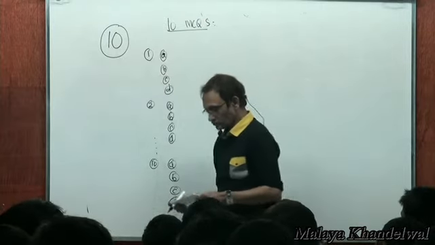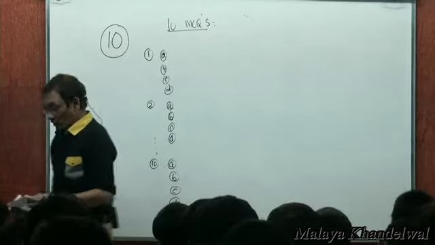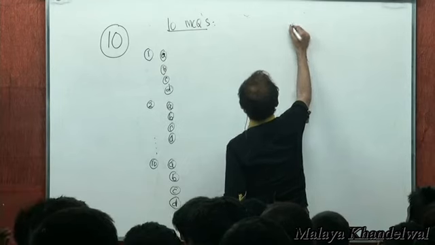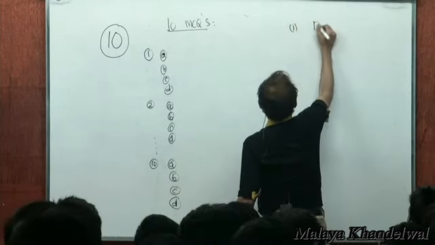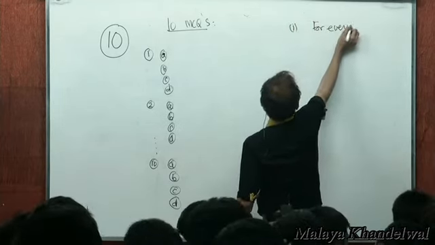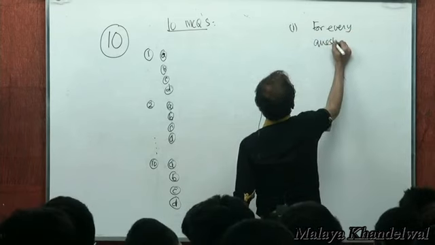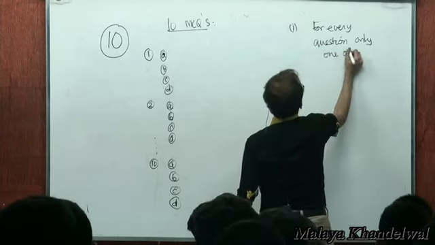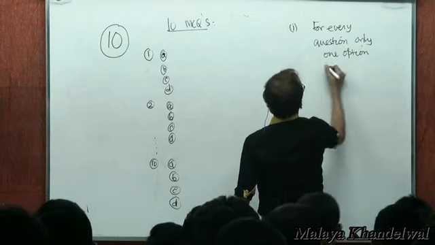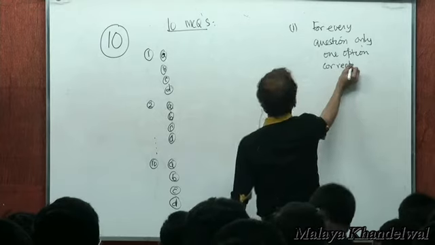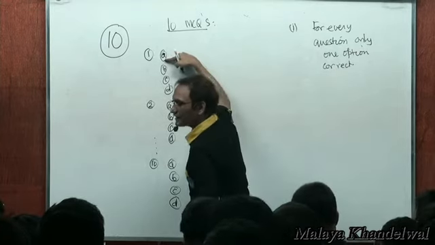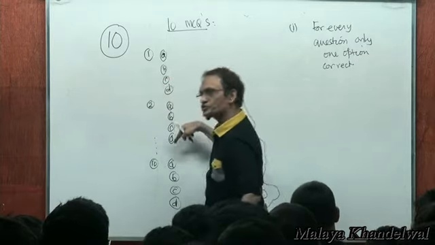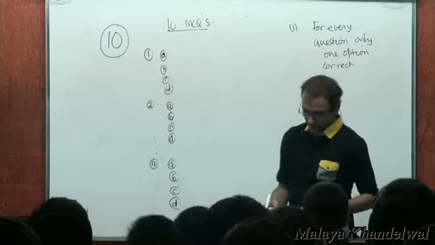Now in the first part of the problem, they say for every question, only one option correct. That means question 1 would either have A or B or C or D. For question 2, A or B or C or D, etc. Right?